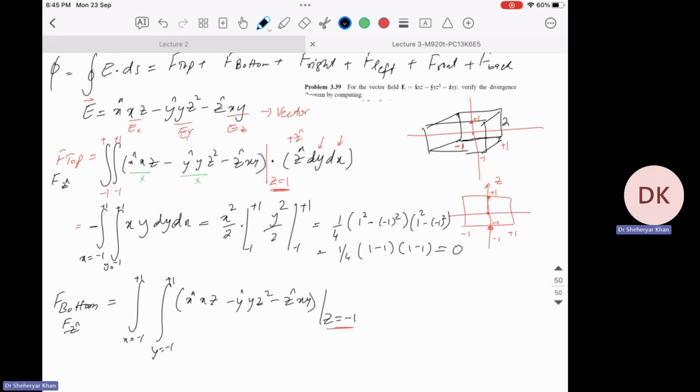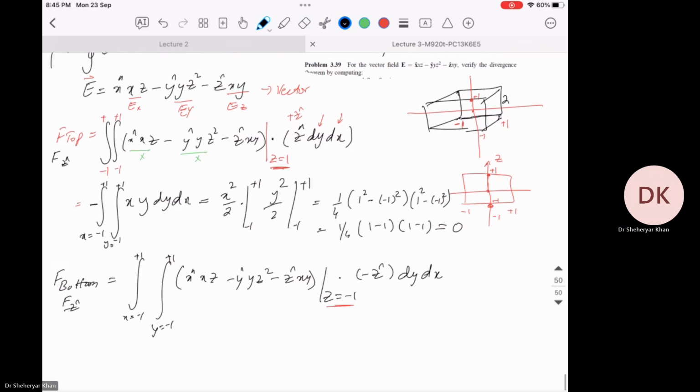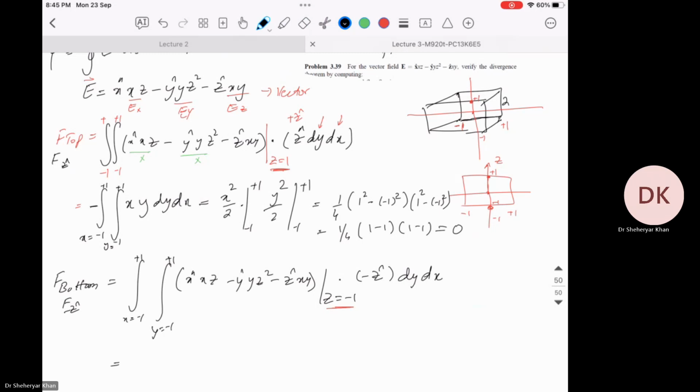Yes. Now minus z and then dy dx. Again, x dot z is 0, y dot z is 0, and minus z is plus z. Okay. So you get a plus and the same answer.